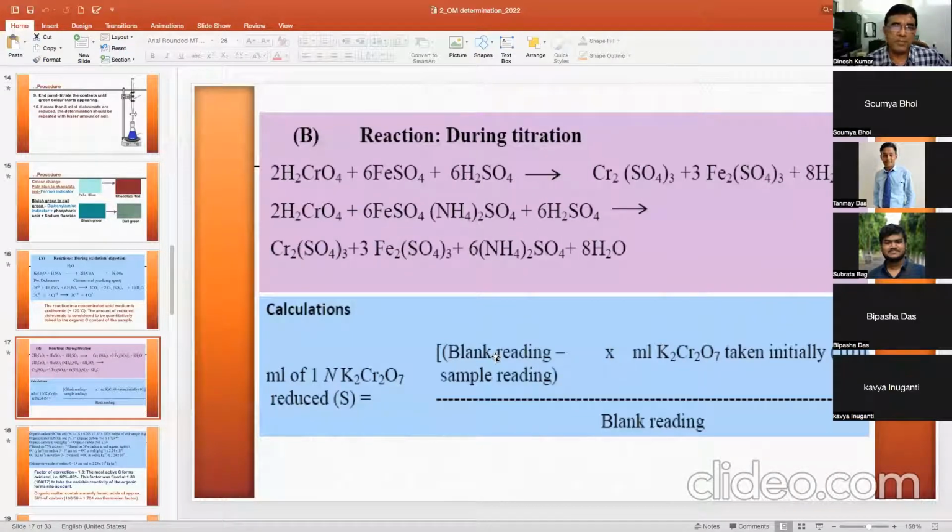In the sample, potassium dichromate is used to oxidize the organic matter, thus you will have a lower reading, into ml of K2Cr2O7 taken initially. Potassium dichromate in the beginning, we have added 10 ml. So we need to put 10 here and divide by the blank reading. By doing so, we will get ml of 1 normal K2Cr2O7 reduced, which is equivalent to carbon oxidized.